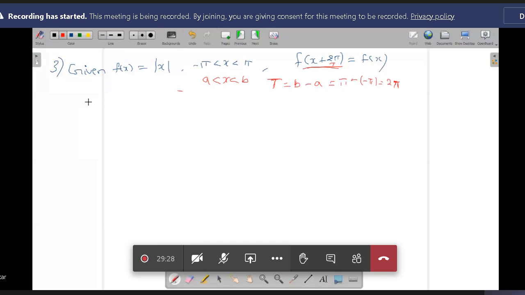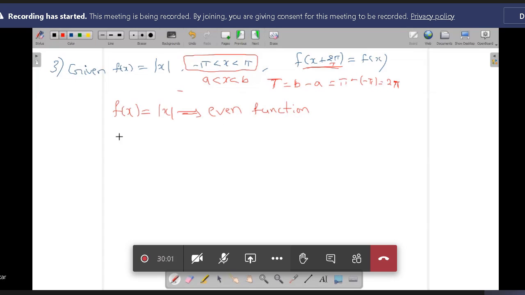So now another interesting factor is f of x is the mod x, and everyone can easily say it is an even function. We can easily verify it is an even function, no doubt at all. Since the interval is defined in minus pi to pi, I can easily tell it is an even function.